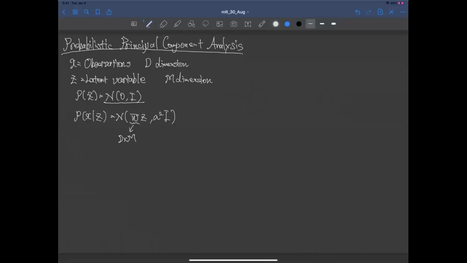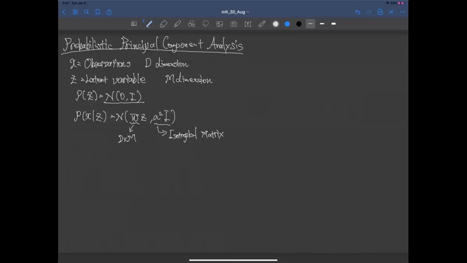Also, the covariance matrix is an isotropic matrix with sigma squared. This is the basic model of probabilistic principal component analysis.